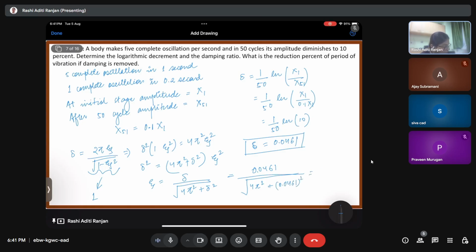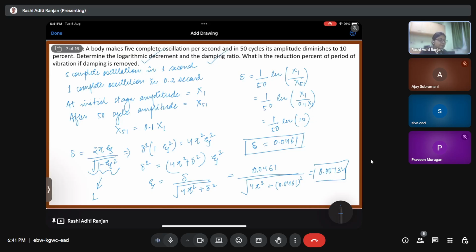This turns out to be 0.00734. You see the value of eta is very small, so definitely we can consider 1 minus eta square as almost 1. Then also it will give us the correct value only. So this is what we get as the value of eta. So we have found out the logarithmic decrement and damping ratio both.